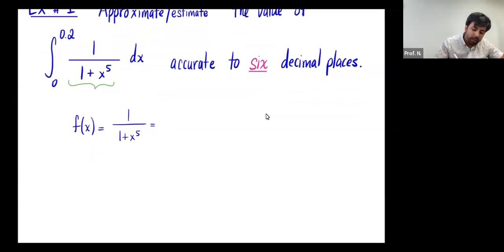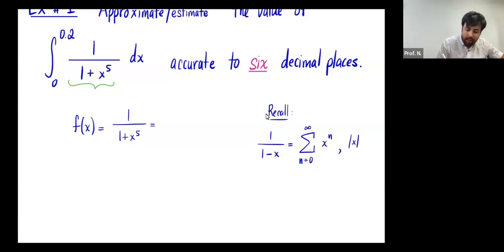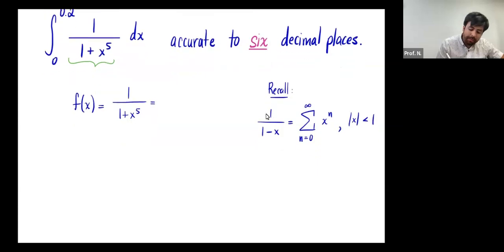So how do we do that? Well, we first recall that the power series representation for 1 over 1 minus x is equal to the summation of x to the n as n goes from 0 to infinity. Correct? And this is, of course, only convergent when the absolute value of x is less than 1.